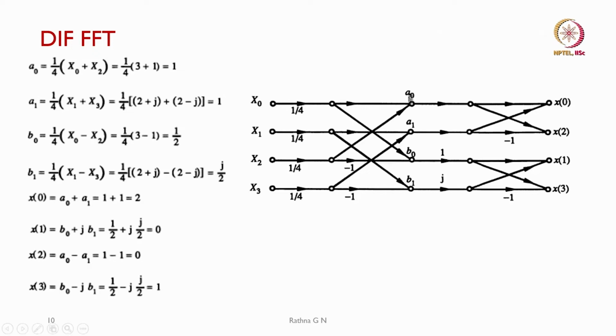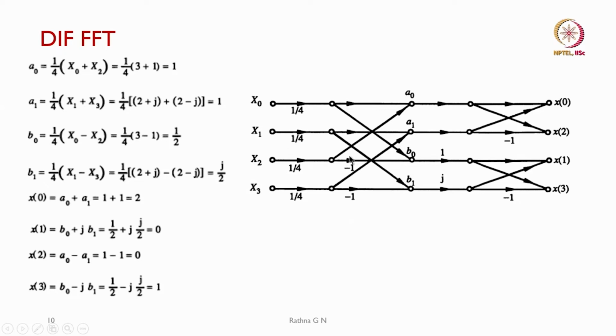You will be marking this as A naught, A 1, B naught and B 1, and there is one coefficient here, minus j conjugate, which you will be getting as plus j in this case. Then the rest of the butterfly you will be multiplying with minus 1 at the second part of it. The top one is going to have plus 1, as you can see here, plus 1 and here also plus 1.